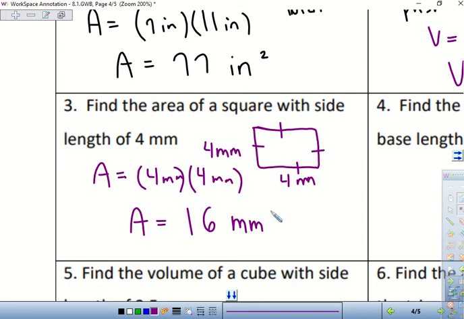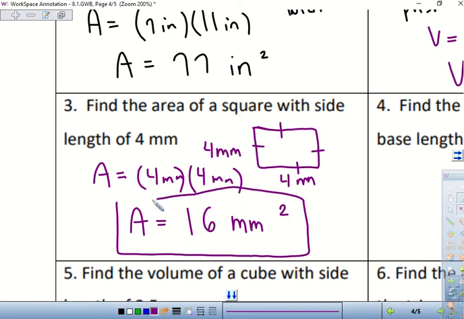And what's going to be the units on that? Squared, to the second power, right? Is everyone good with that so far? Does anybody have any questions about area of the square? Are we good to move on to number 4?